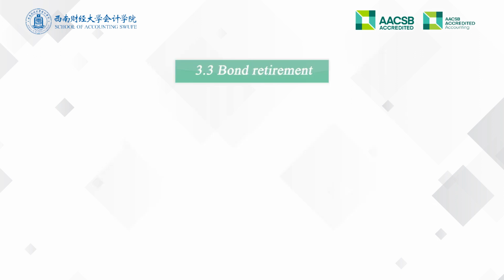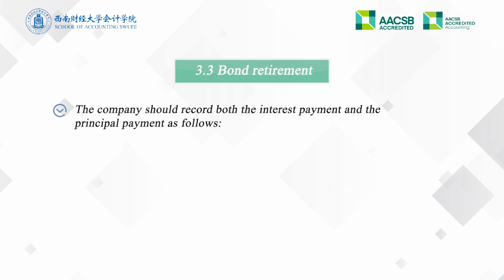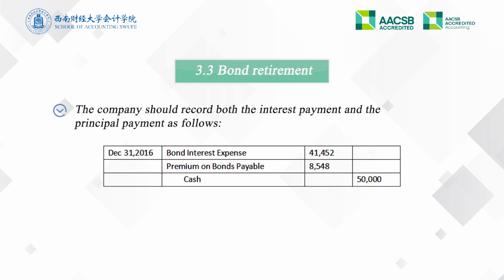Bond retirement at maturity. On the maturity date, the company should record both the interest payment and the principal payment as follows. December 31st, 2016, debit bond interest expense 41,452 yuan.